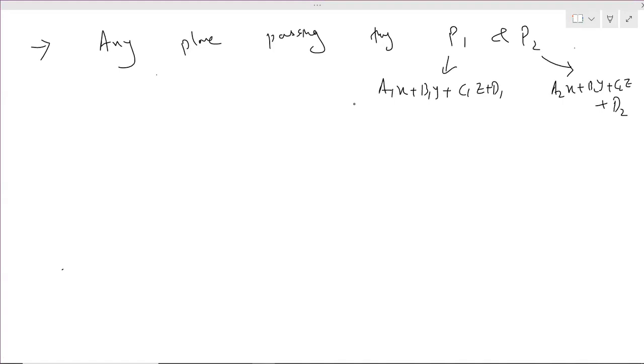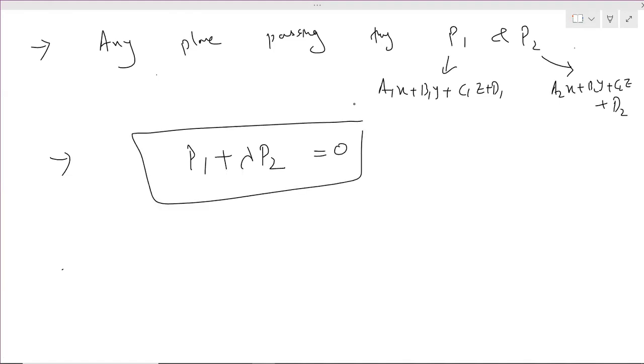Always remember, same goes for line also. Family of lines, this is called. Any line passing through line L1 and L2, any plane passing through P1 and P2 is always P1 plus lambda times P2. You can assume any plane passing through the intersection of P1 and P2 like this.